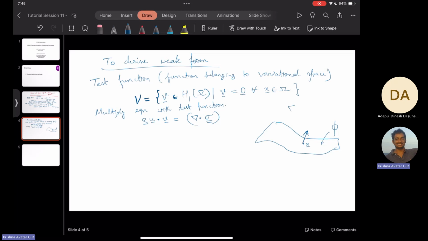So when you talk about the gradient of phi, it always gives us the direction of change as well as the magnitude of the change. It gives the maximum change possible in that space.